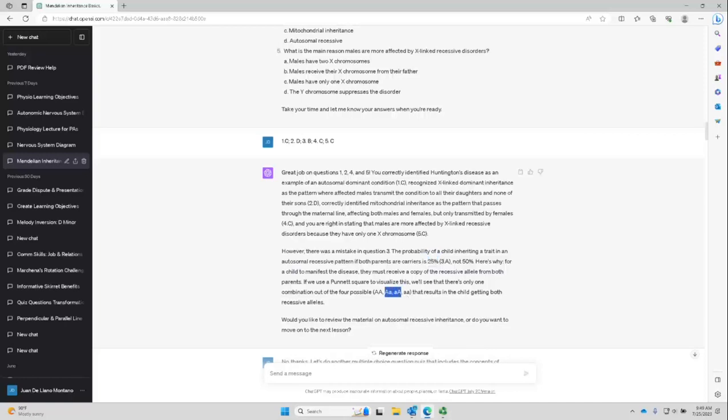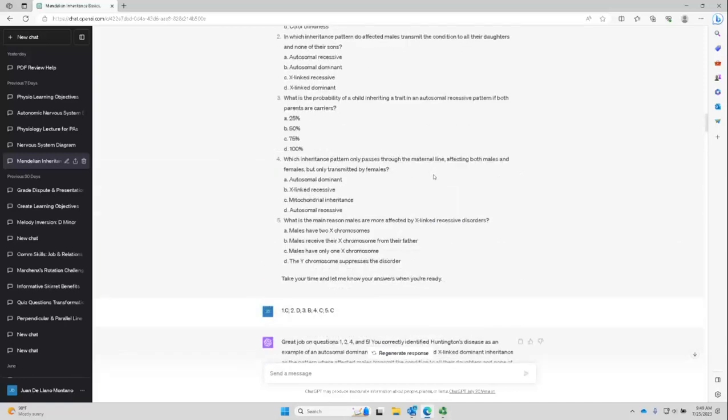I answered 50%, which is how many will be carriers. I'm not sure right now why I made this choice, or if I marked the wrong option, or I read it wrong. I did this some time ago, so I don't remember why.